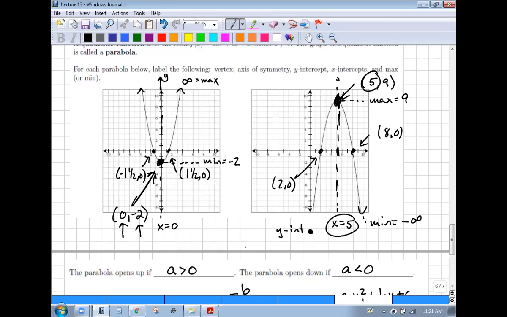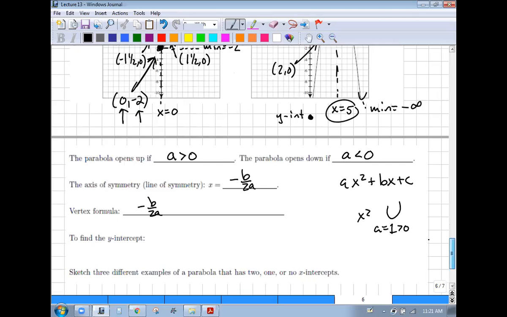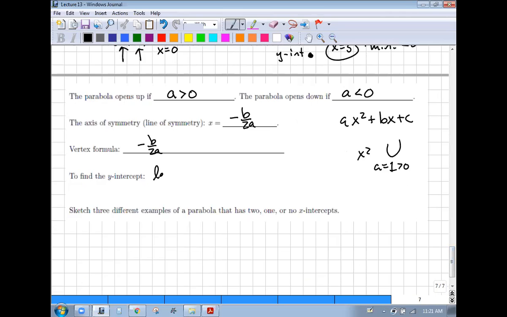Because if you're on the y-axis, you haven't gone right or left. That means your x value is 0. So you let x equal 0, basically find f of 0. You plug 0 in, and you find out what the output is. You find out how far you need to go up or down when you don't go to the left or the right.